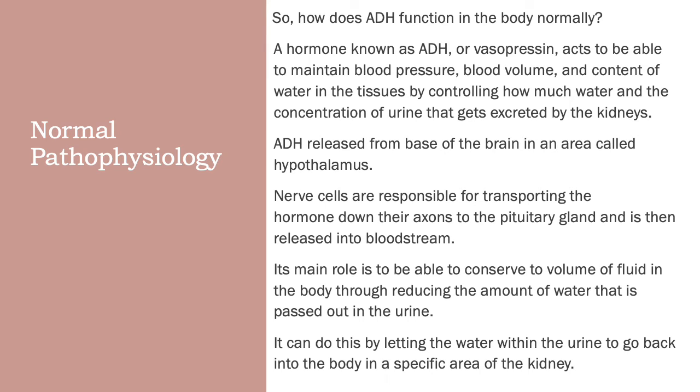Its main role is to conserve the volume of fluid in the body by reducing the amount of water passed out in the urine. It does this by letting the water within the urine go back into the body in a specific area of the kidney, the collecting duct. This process is reabsorption, so it's reabsorbing the water.